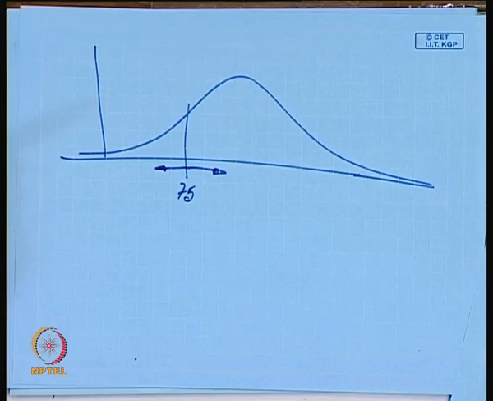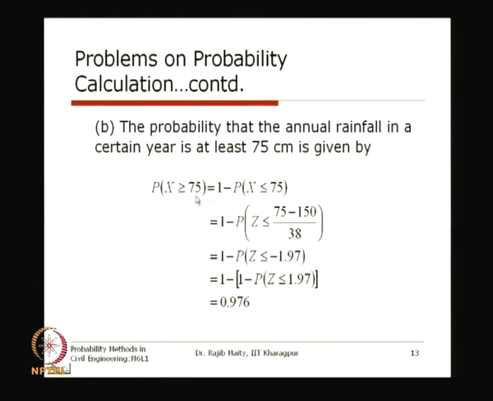So that is why, and the standard normal distribution, you know, is available for the less than or equal to values. As it is available for the less than or equal to values, that is why we are interested in transferring from the greater than or equal to sign to the less than or equal to sign. Now one thing is also important here: the equal to sign will be included on both sides.